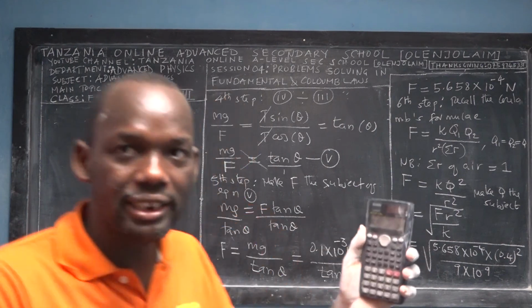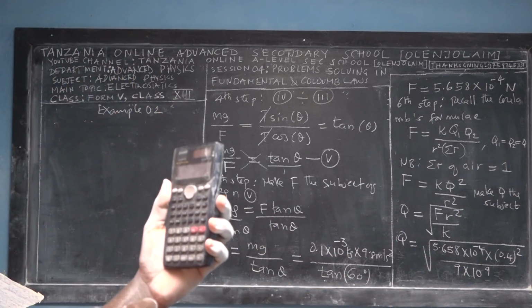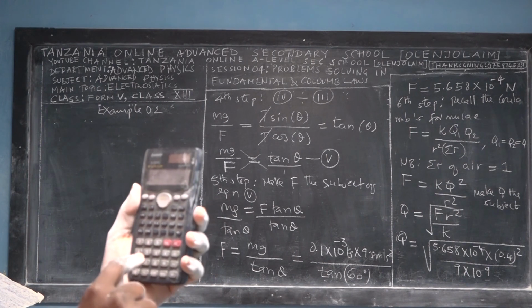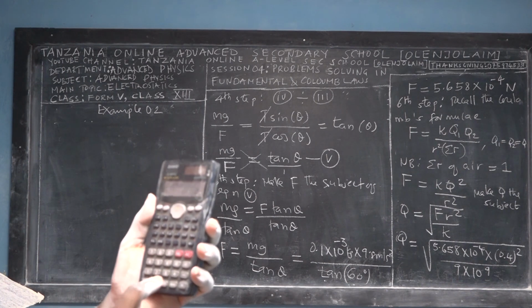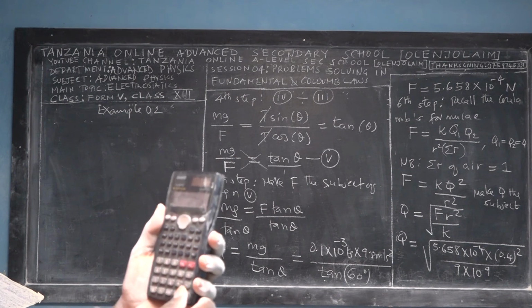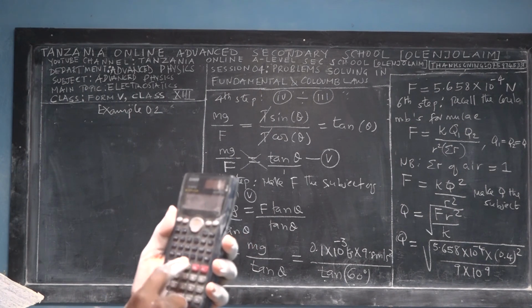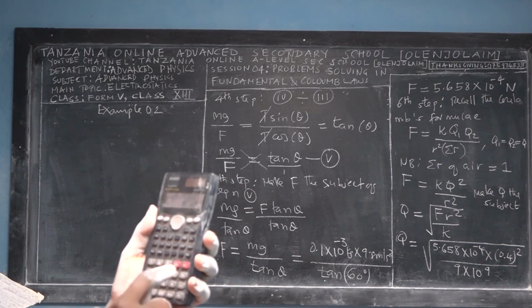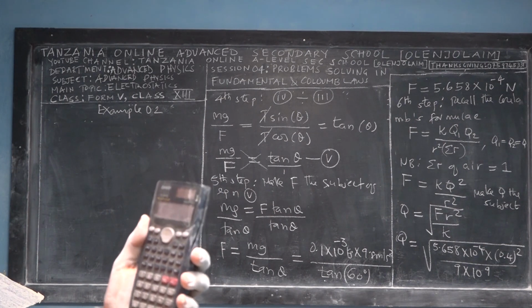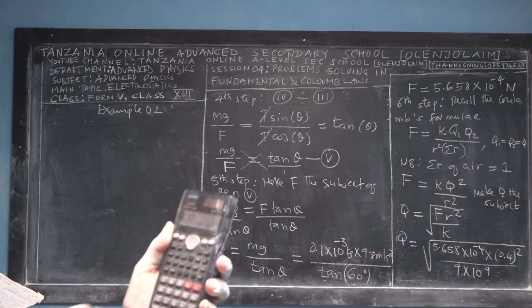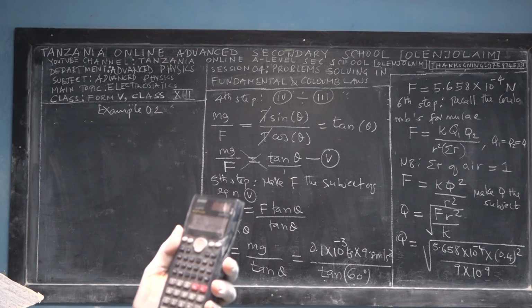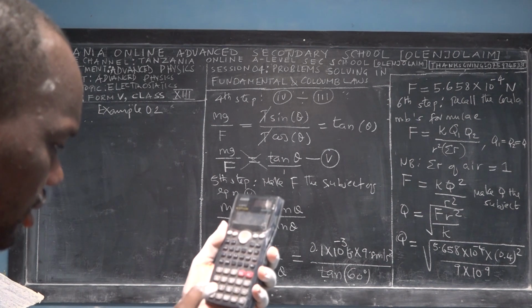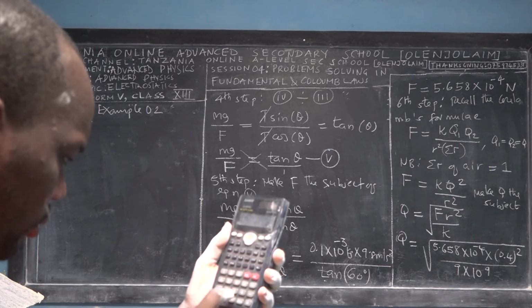Let me give you a compound at the beginning, because I know some of you maybe have forgotten how to use your scientific calculator for the computations. 5.65 exponent negative 4, then 0.4 squared, then divide by 9 exponent 9, then we find the square root. Excuse me, I think I pressed the equal sign twice.